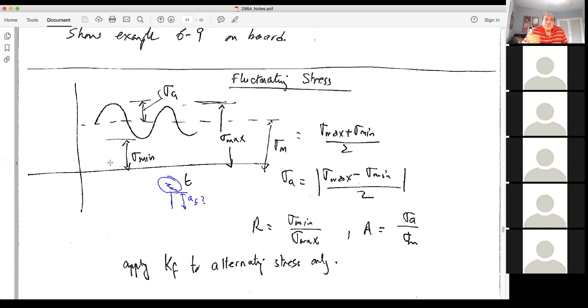The same thing we could do is have a damage function, which is the ratio of the value of the alternating stress divided by the endurance limit if we are designing for infinite life, or divided by SF if we're designing for a finite life. So it depends on whether we're designing for endurance or for a finite number of cycles.